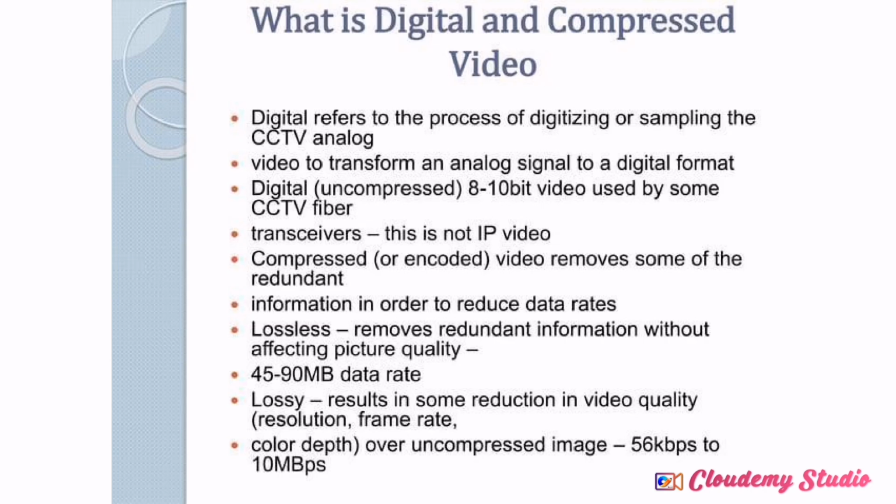Then digital and compressed, the one that is not compressed and compressed, 8 to 10 byte video used by some CCTV fibers. Okay, then transverse, this is not an IP video. So transverse is not an IP video, they're just explaining here, don't get confused.